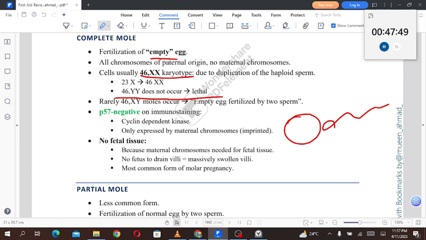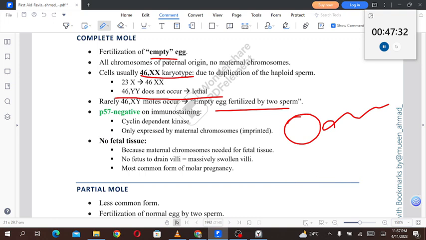Rarely, 46XY moles occur: an empty egg fertilized by two sperms. How does that happen? Suppose this is one ovum and it is fertilized by two sperms simultaneously, as you can see in this picture.